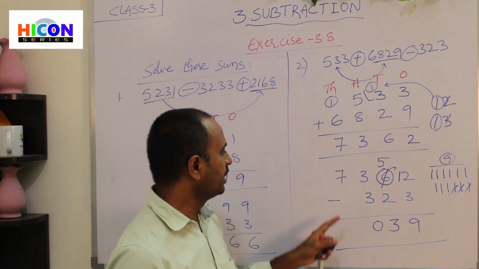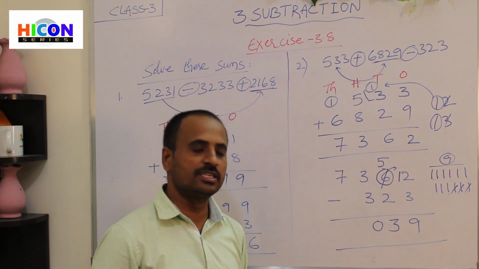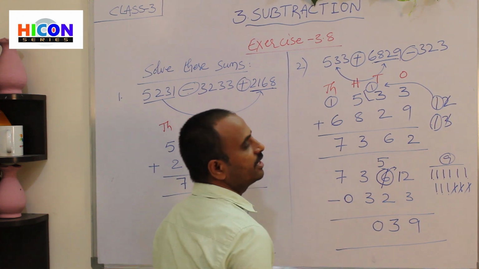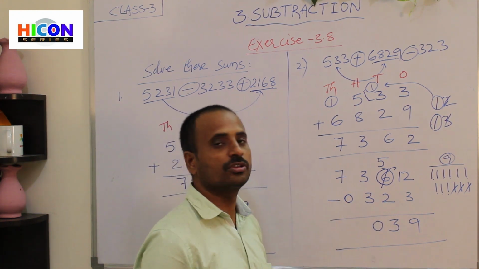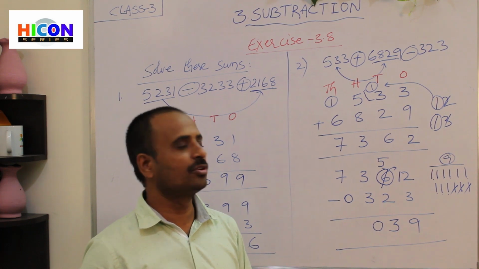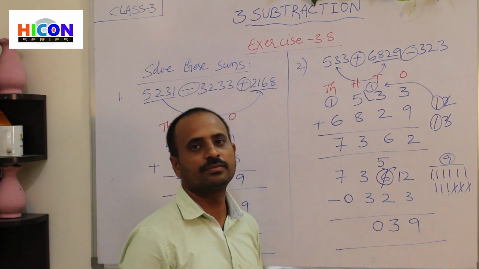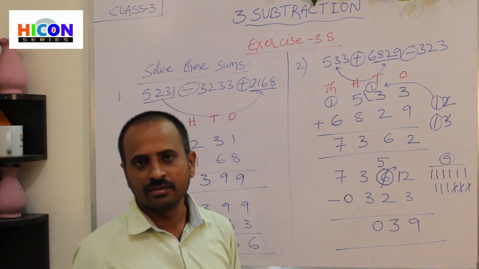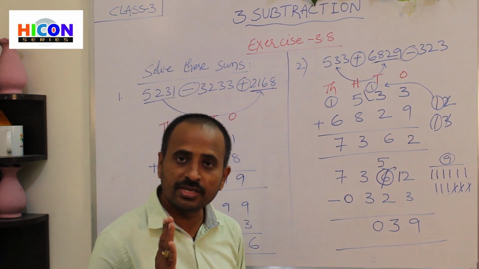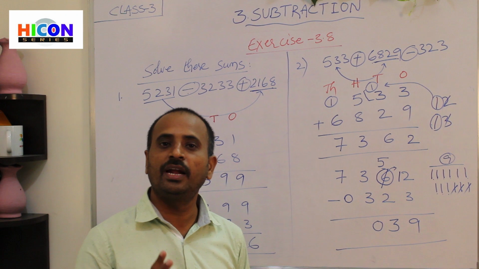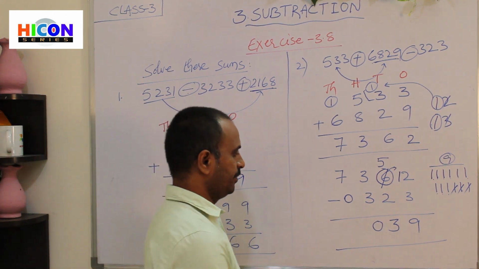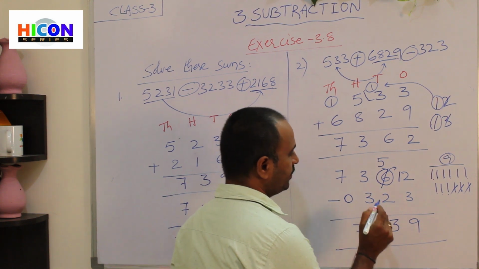Now only 7 is present in thousands place, but there are no thousands in the second number. That means there are 0 thousands in the second number. So now subtract 0 from 7. If you subtract 0 from any number, we will get the same number again. That is 7. So write 7 here.